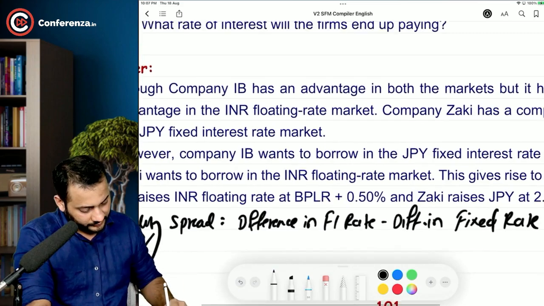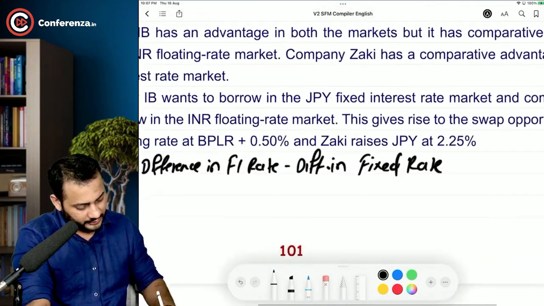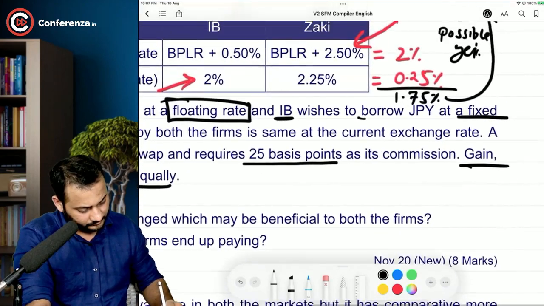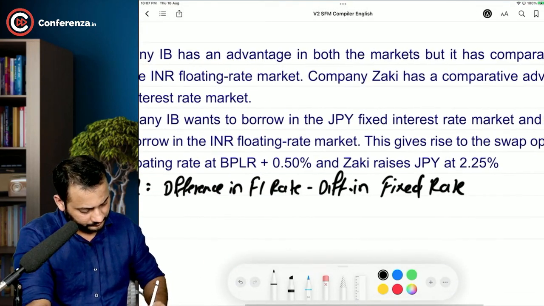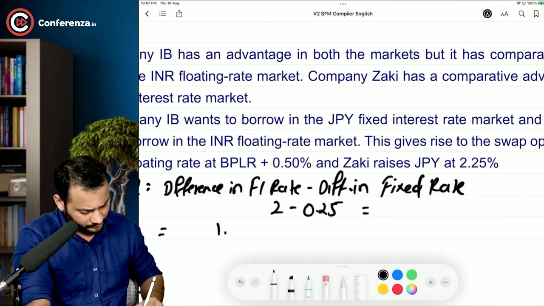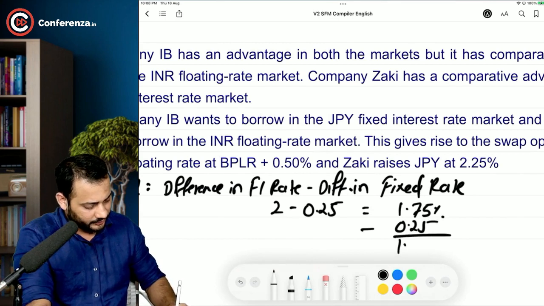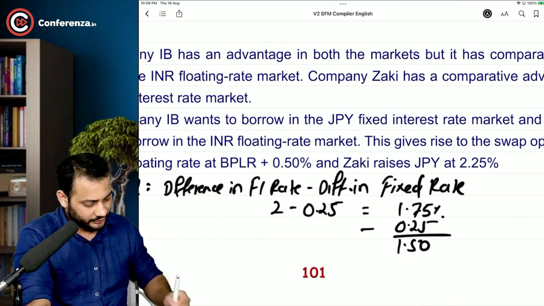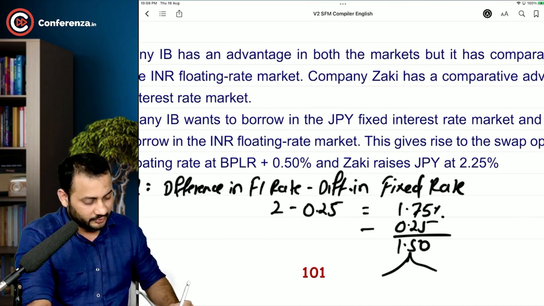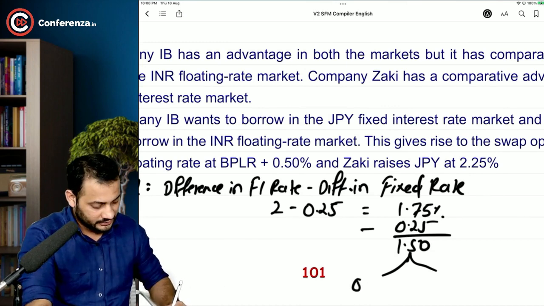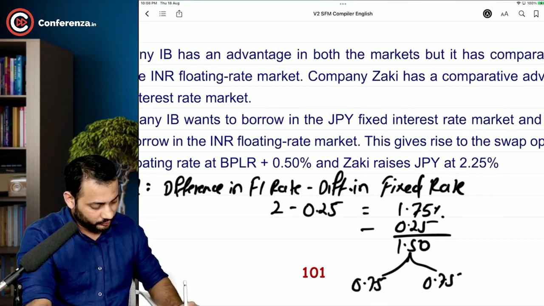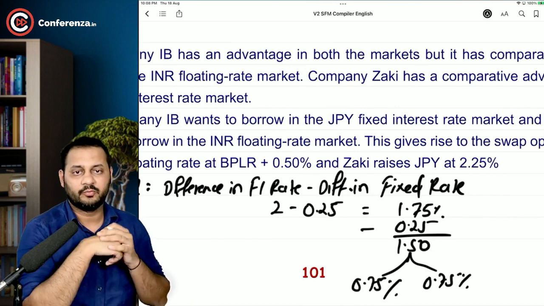So difference in floating rate is 2 and 0.25, that goes to 1.75%. Am I right? Out of that, 0.25 will be taken by the financial institution, and this 1.5 will be shared equally by both the companies. That means the net gain to both the parties should be 0.75%.